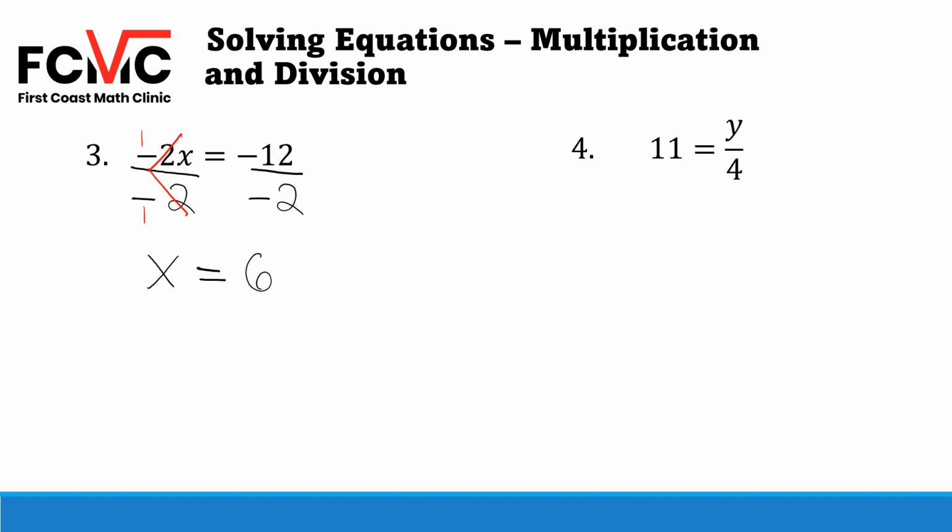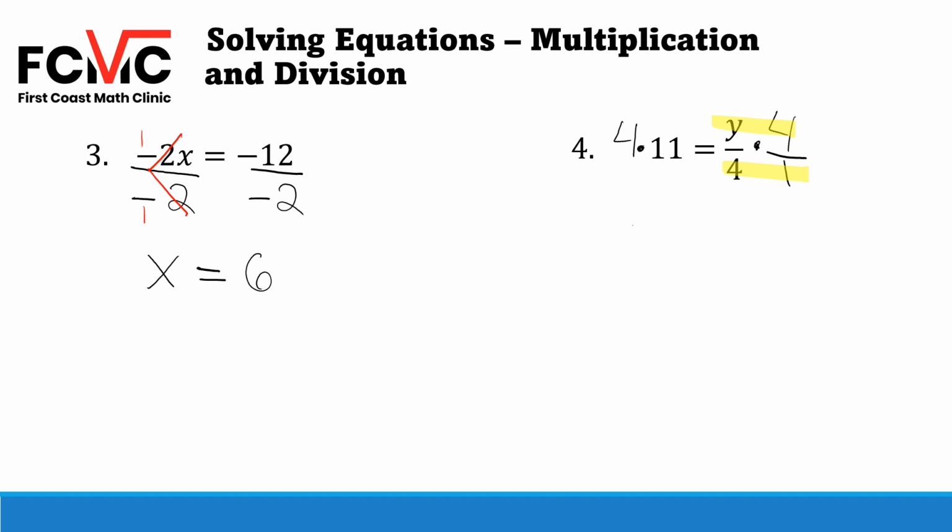Now for number 4, I have 11 equals y over 4, y divided by 4. So I'm dividing by 4. How do I undo dividing by 4? I'm going to multiply by 4 on the right and multiply by 4 on the left, right? If we want to make that multiplication a little bit easier on the right, I could put that 4 over 1 and then just multiply across and across, numerator times numerator, denominator times denominator.